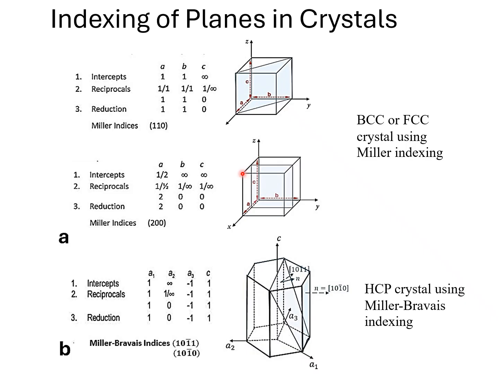A 100 Miller indices spacing would be something that intersects along the unit cell at A, at the distance of A from the origin, from some atom on the corner of the unit cell. But in this particular case, we've chosen a plane which is halfway along, and in that case, the intercept is 1 over 2, and we end up with an index of 200.